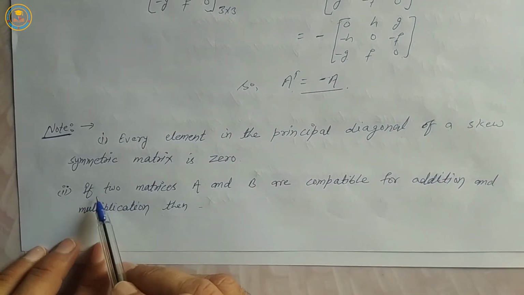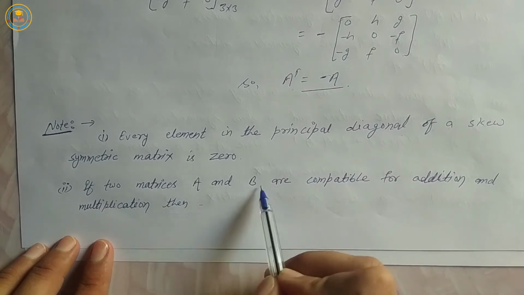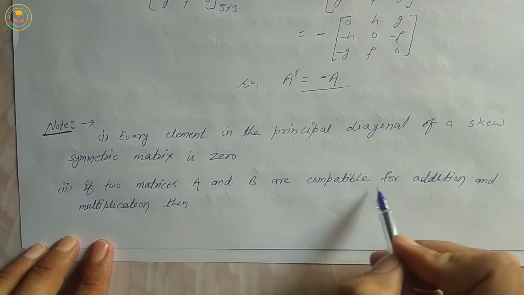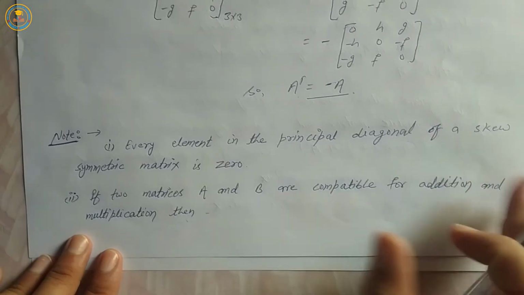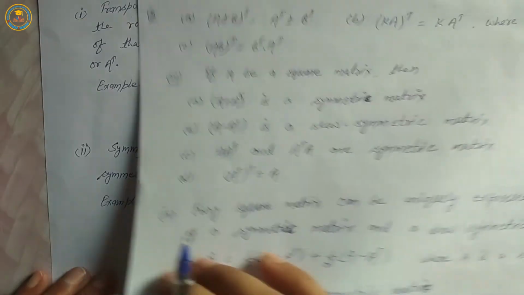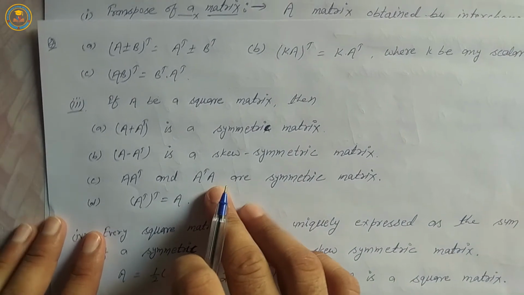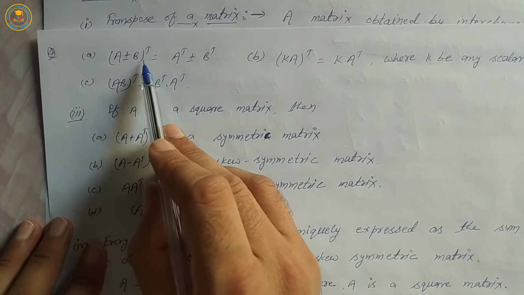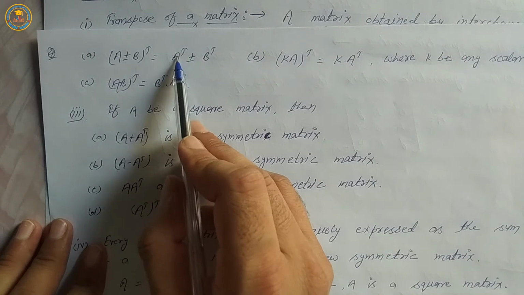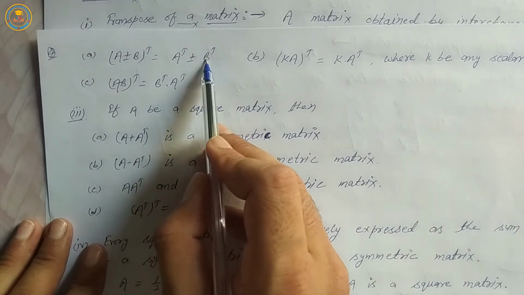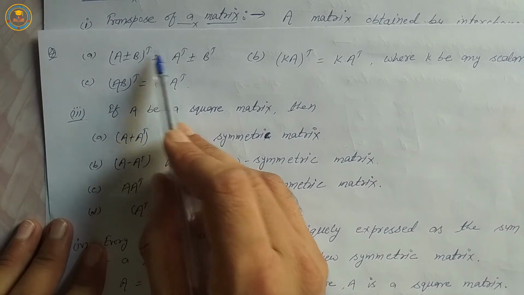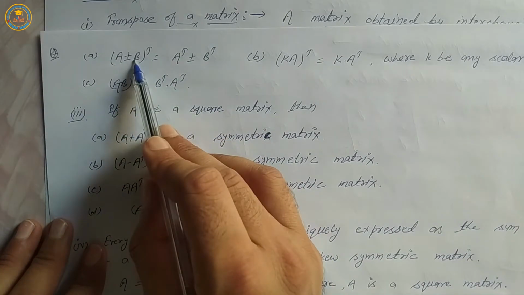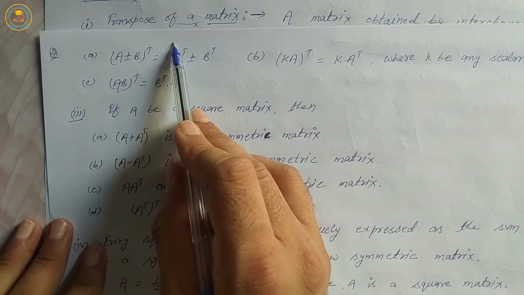Second point: if two matrices A and B are compatible for addition and multiplication, then, first, (A ± B)^T is equal to A^T ± B^T. This is the first property.